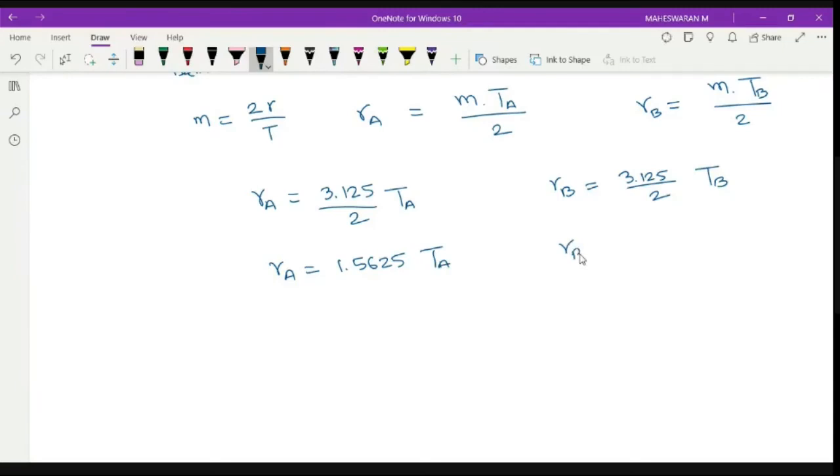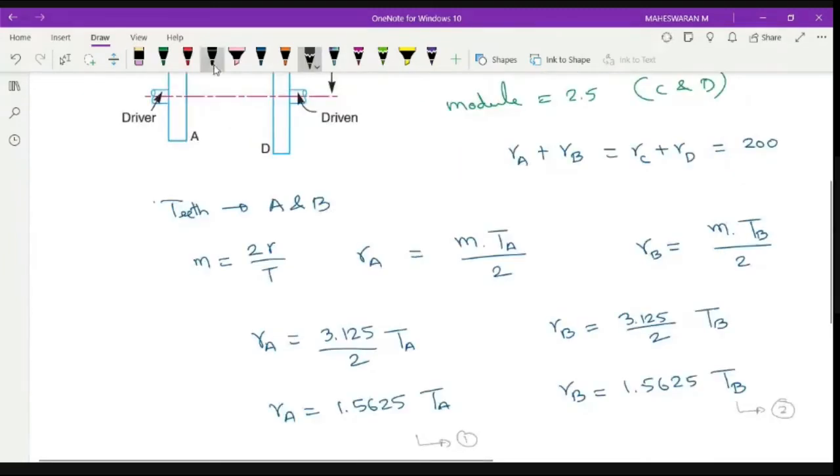Similarly, RB is also the same, 1.5625 TB. I will consider this as equation 1. Next, let us proceed.